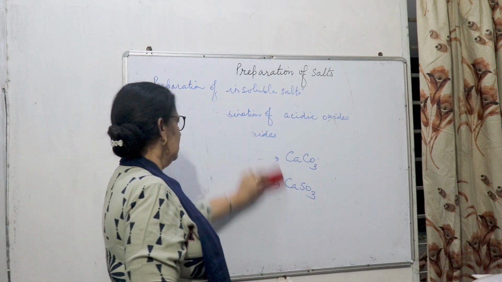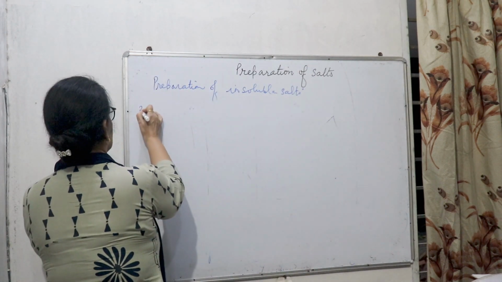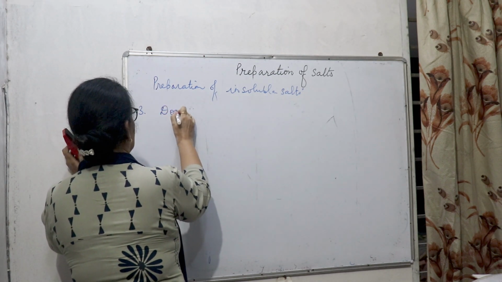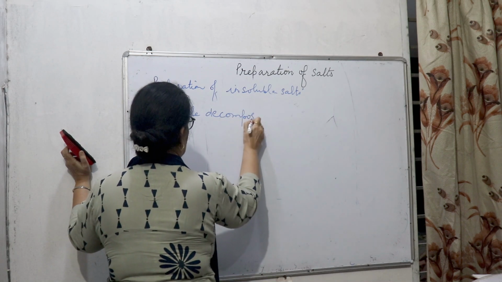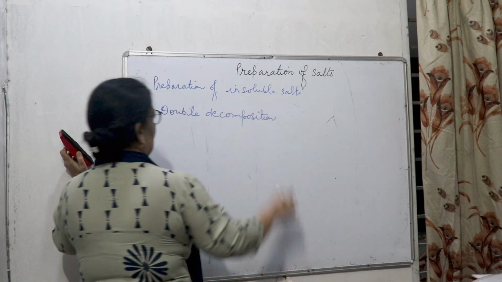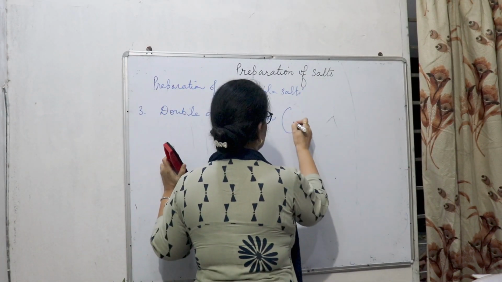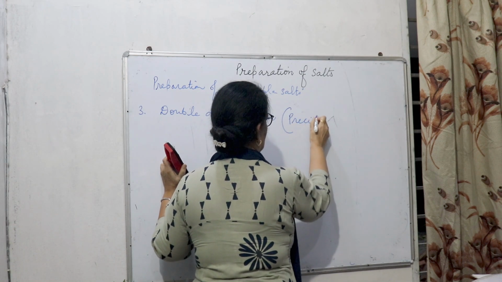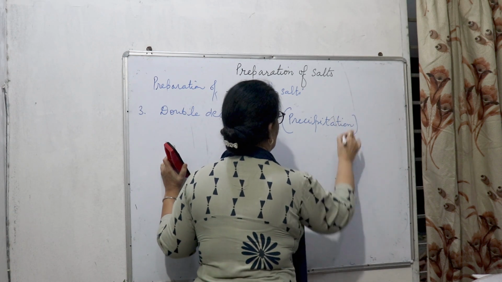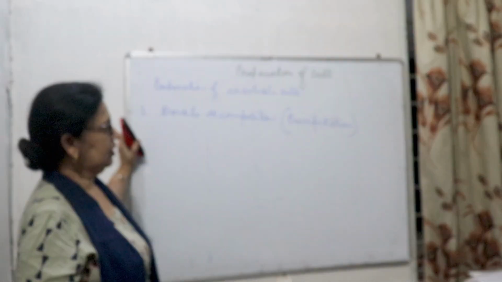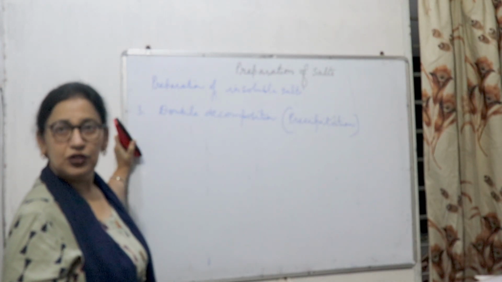Third method, that is very important. Third method is double decomposition. Insoluble salt double decomposition, that is not neutralization, but here the double decomposition is precipitation. What is precipitation? That is formation of insoluble solids when two solutions are mixed together.